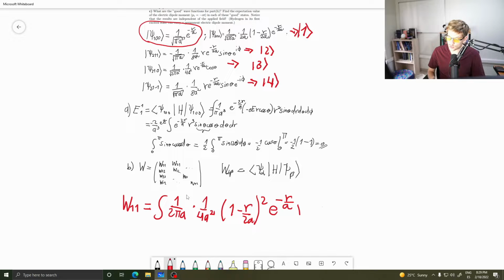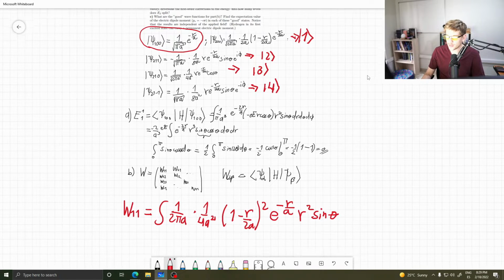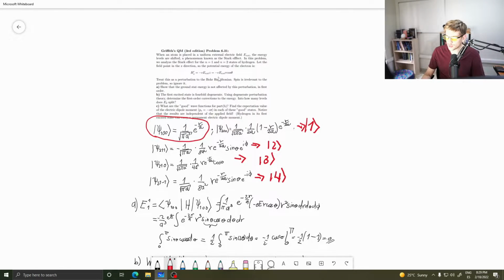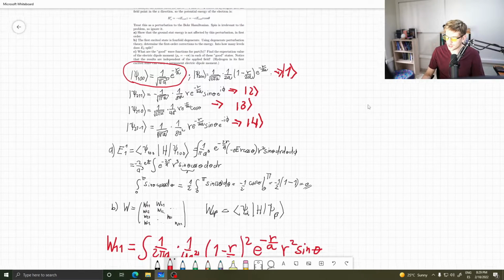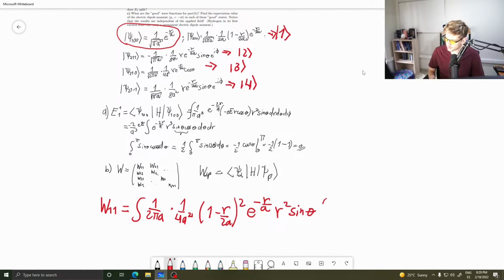And now, do not forget about this, r squared sine theta. And don't forget about this either. We now have to include our perturbation. So minus e, minus small e, big E, r cosine theta.